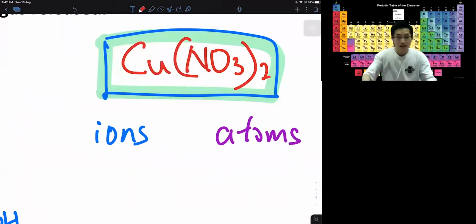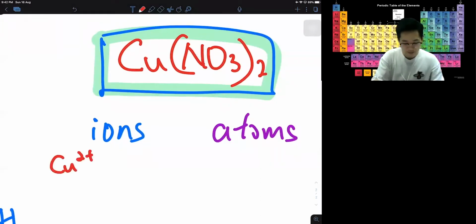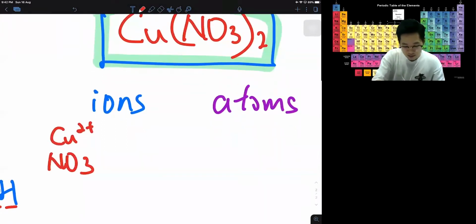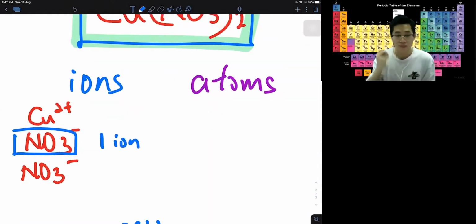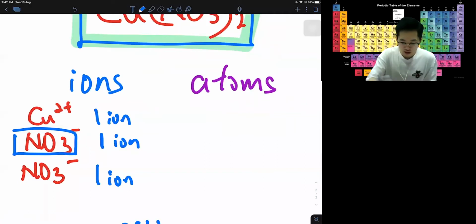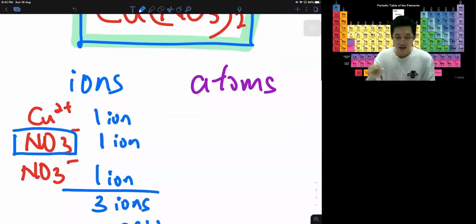Here ions is the one with charge. So Cu2+, NO3-. When you are talking about ion, you look at the whole NO3 as one ion. That's why we say one formula equals 3 ions.